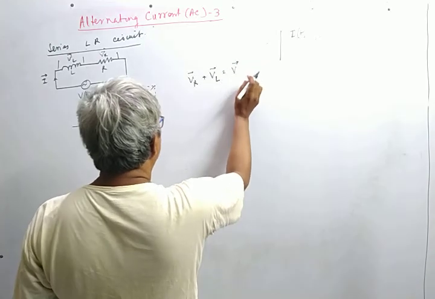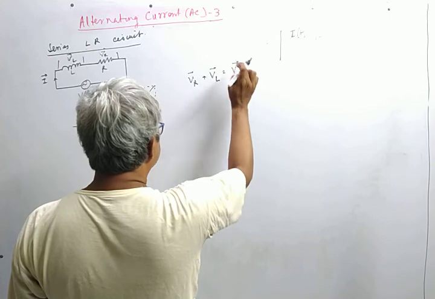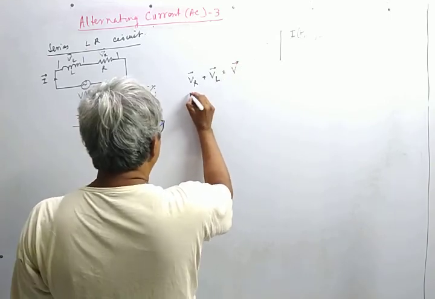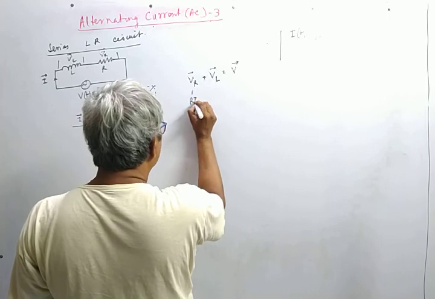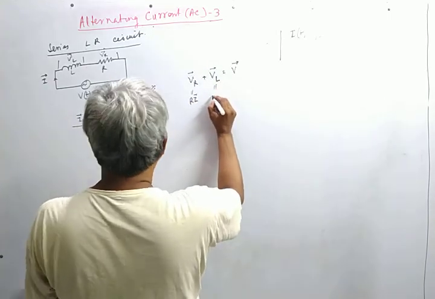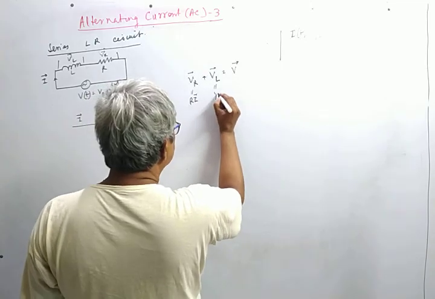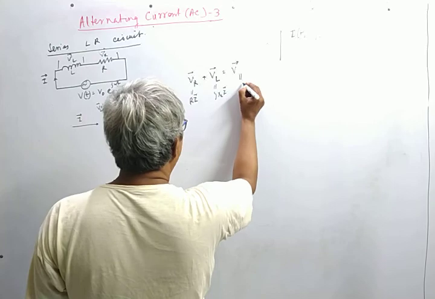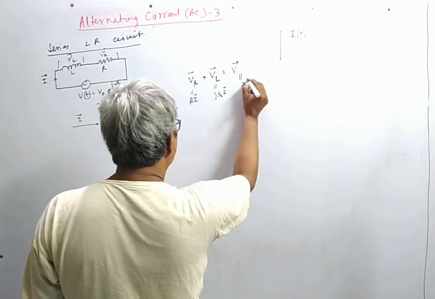So if we write the magnitude of V, first this is equal to R into I, and this is equal to jXL I, and this we write is equal to ZI.